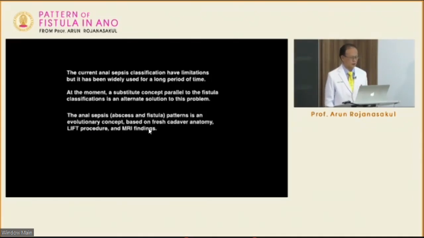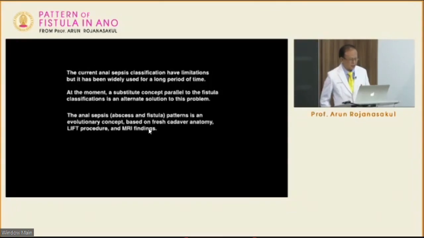What will we do? I think a substitute concept parallel to the fistula classification is an alternate solution to this problem. So I propose the anal sepsis, abscess and fistula pattern. In fact, it is an evolutionary concept from the many classifications.